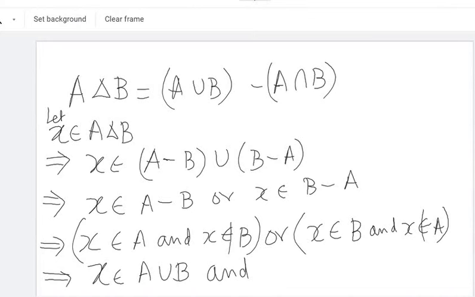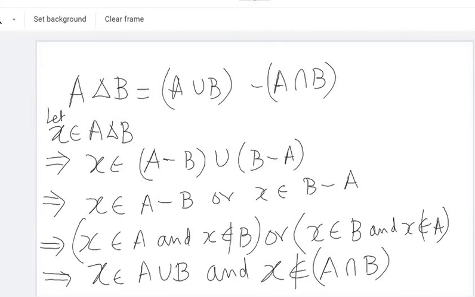Similarly, X belongs to B is correct, but X does not belong to A is false. So both parts are false, so that cannot happen. So X belonging to both A and B is ruled out.